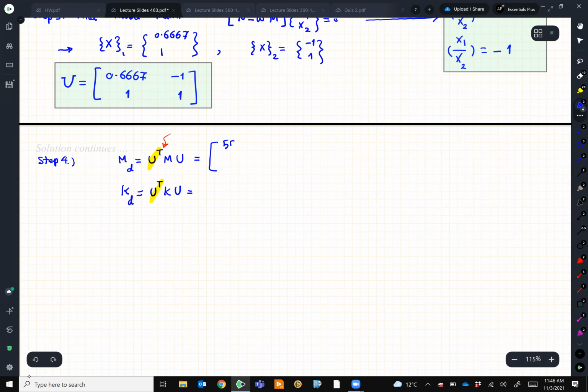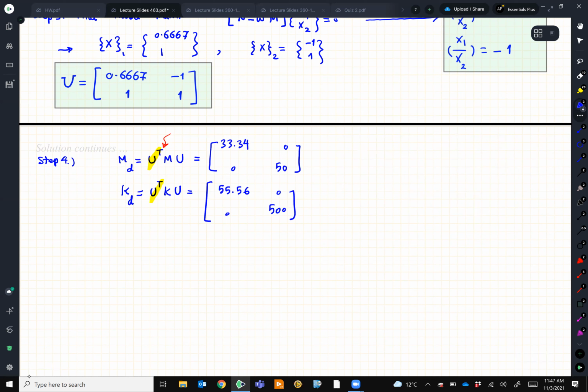Because it works, if you use this U, your M D is going to be 55.56, 0, 0, 500, and your K matrix is going to be, oh, sorry, this is K, 33.34, and this is 50, and this guy is 55.56, 0, 0, 500.